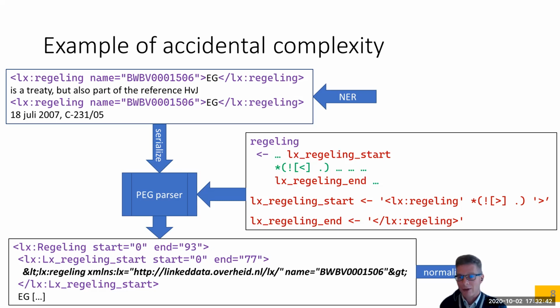So for the maintainer of these grammars, this is a very undesirable situation because now they have to deal with extra complexity that has nothing to do with their actual task.